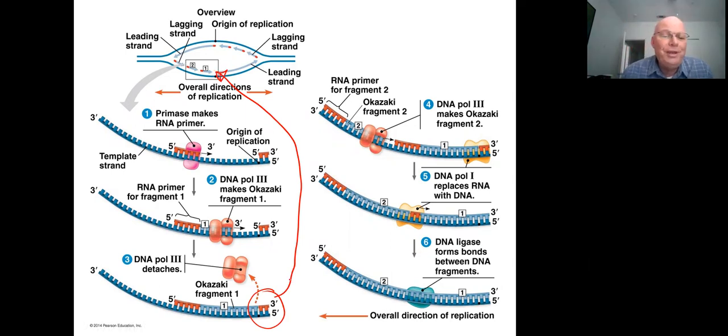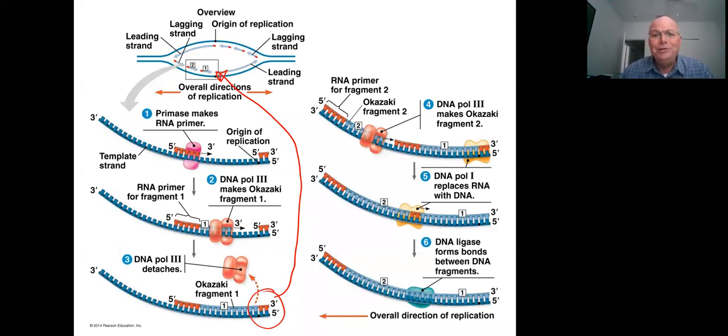And the one thing that pol 3 can't do is deal with those RNA nucleotides. Yes, it can proofread the DNA nucleotides, but when it encounters those RNA nucleotides, it doesn't know what to do. So when it comes up against a primer, which it will always do, it simply stops and detaches.